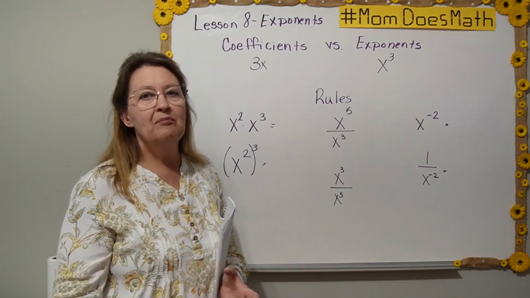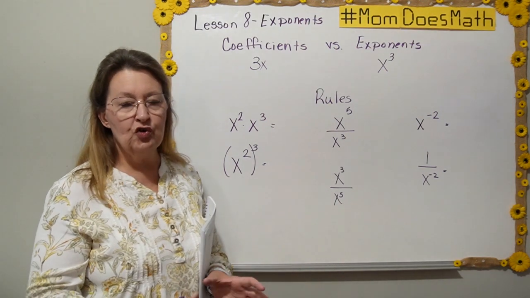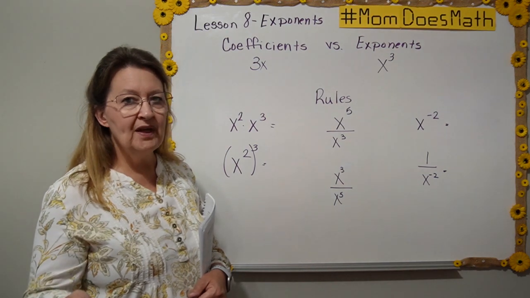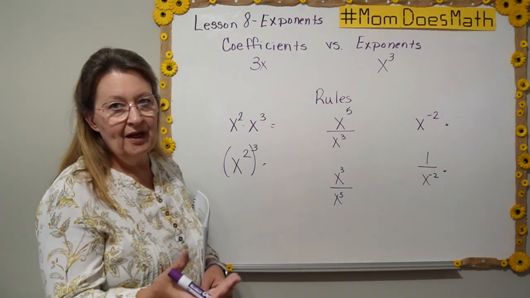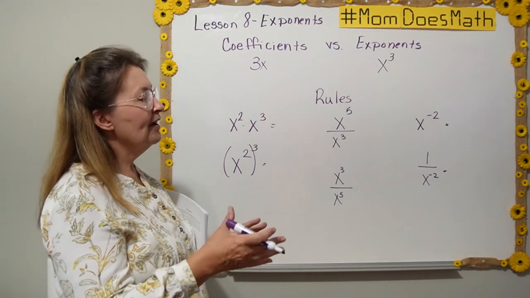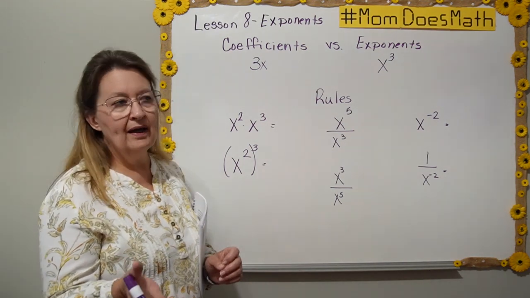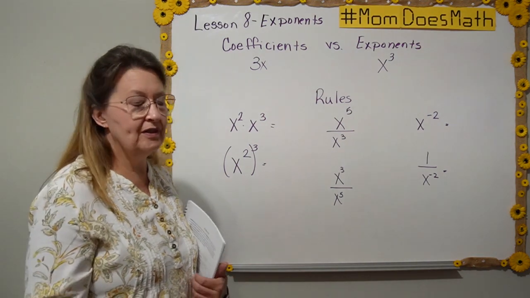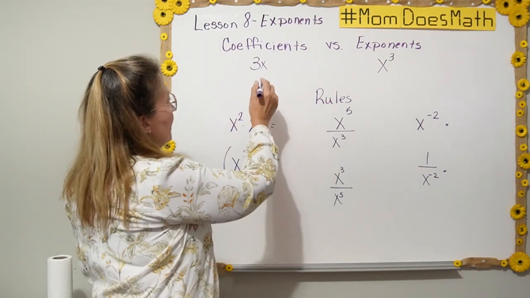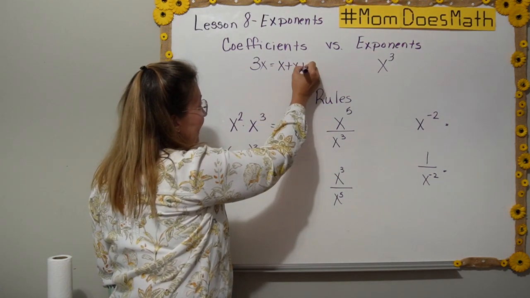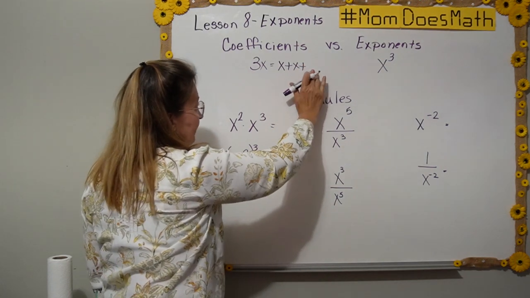A lot of things in math were developed as a shorthand because the more times you have to write something, the more likely you are to make a mistake. So in math, anytime we can shorten something, we try to do that. That's why scientific notation was invented. But anyway, what does a coefficient mean? Well, it means add that number that many times.